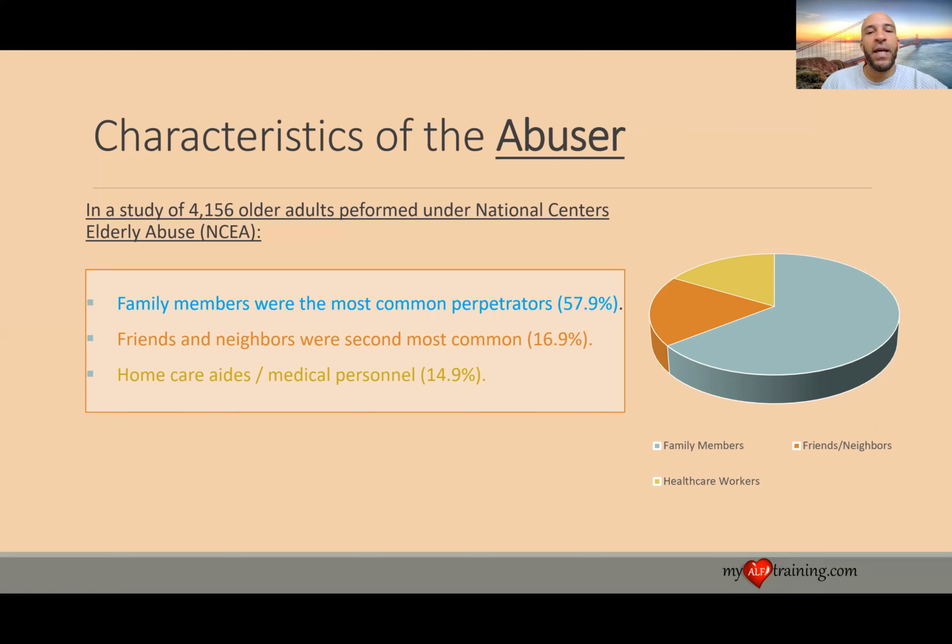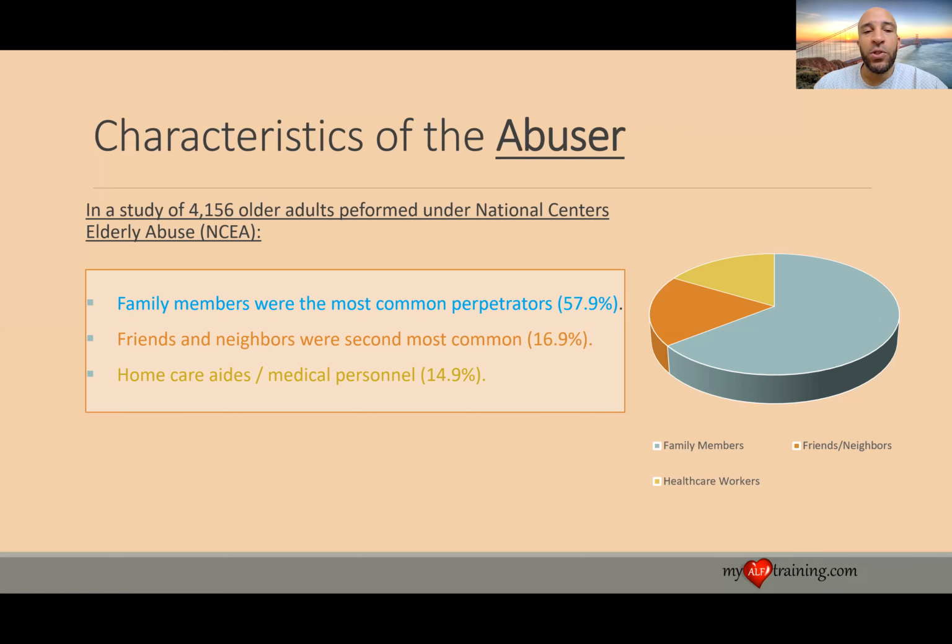Second, after that, as you can see represented by the orange pie, friends and neighbors were the second most common, representing 16.9%. And in third, home care aides and medical personnel were the third most likely abusers, which represented 14.9%.